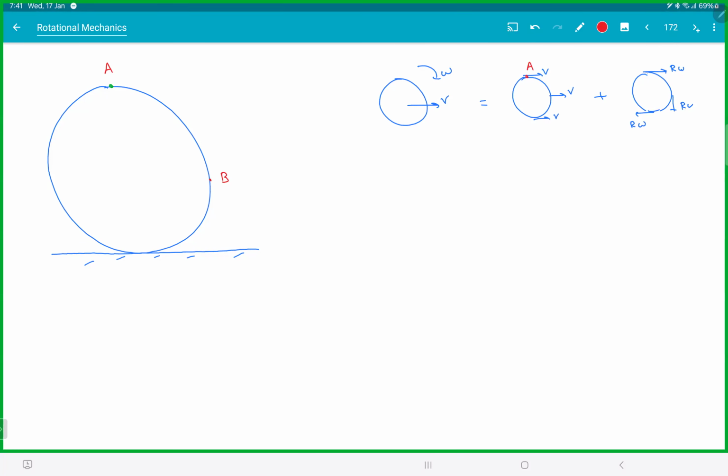So this was point A, this was point B. So we wrote velocity of A is V plus R omega, which was 2R omega because V is equal to R omega here, no slipping, whereas velocity of B would be V i cap minus R omega j cap.